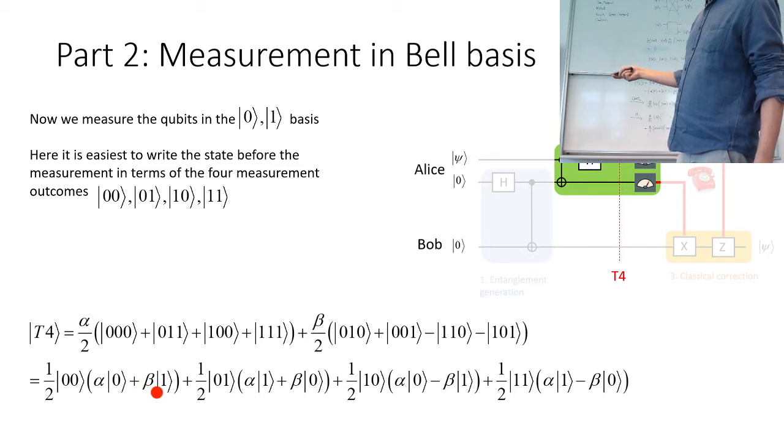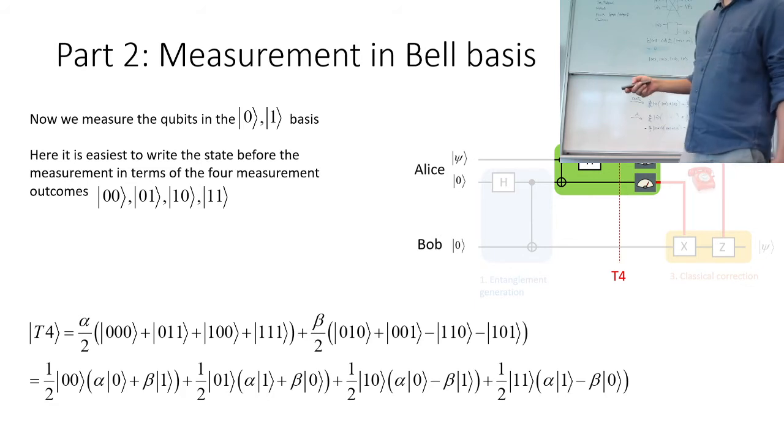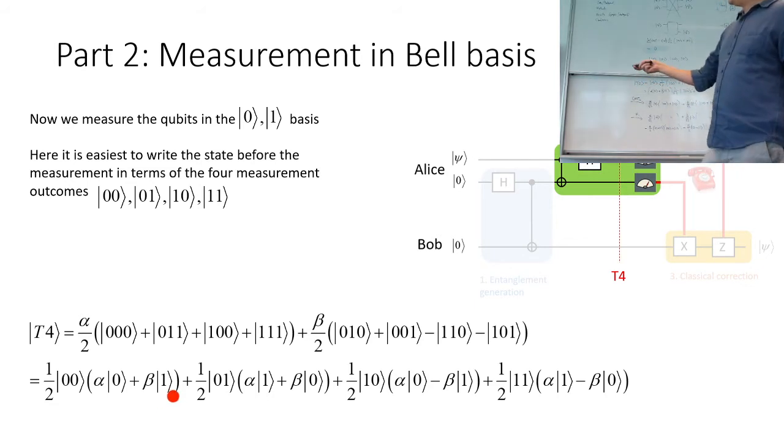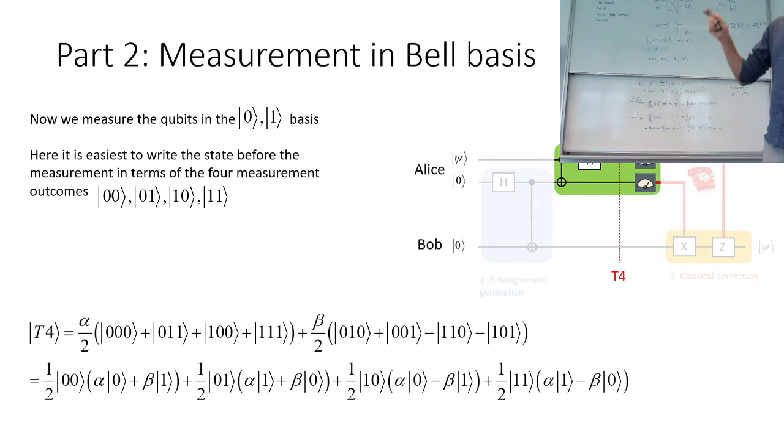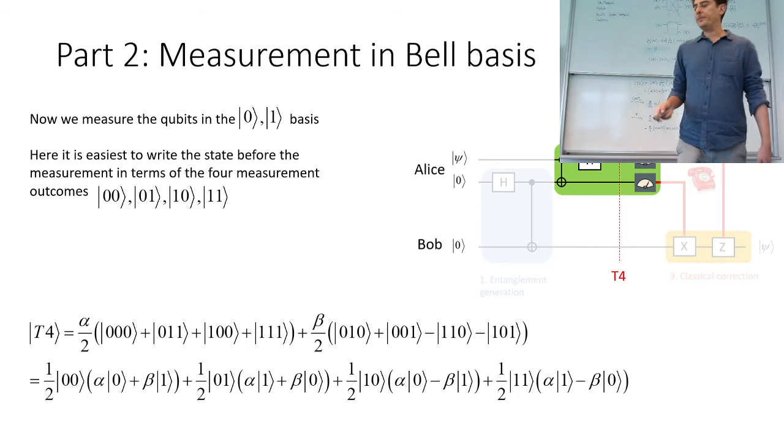And that looks exactly like the state that Alice had. But this is the third qubit, and the third qubit is the one that Bob has. So already you can see something interesting has happened here, because what used to be on Alice's side is now on Bob's side.